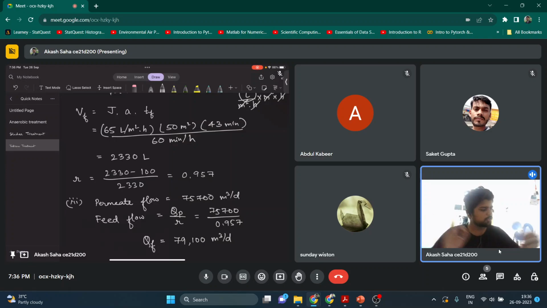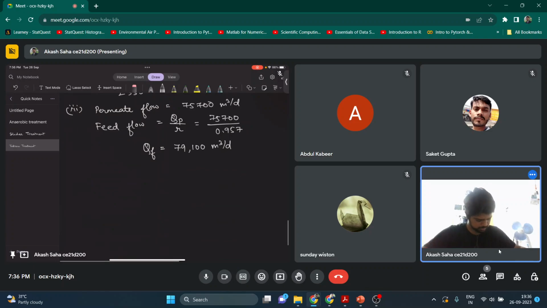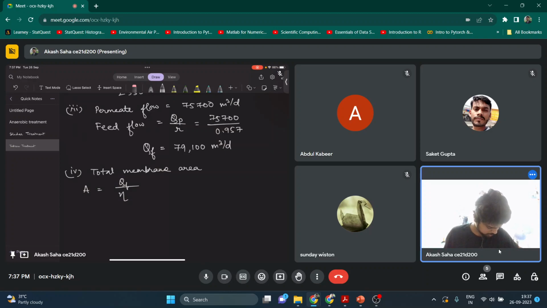So we got the feed flow, we have the permeate flow, we know the flux. So the fourth part, now everything will be easy. The fourth part is the total membrane area that is required. My total membrane area required will be my QF divided by the flux, how much the system is producing.